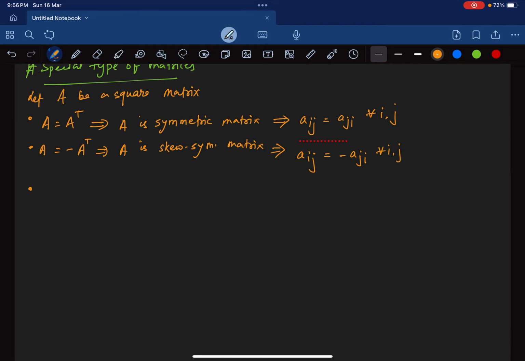Next, you should know that a matrix of order m cross 1 is nothing but a column matrix. Similarly, a matrix of order 1 cross n is a row matrix.